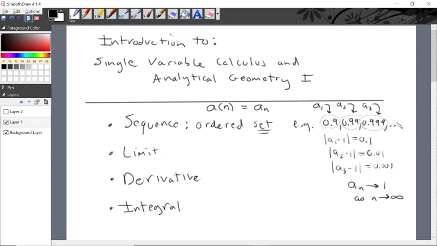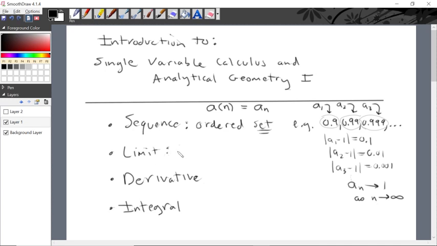We've set these up in a particular order, creating this sequence as an ordered set of values, and the difference between the output and 1 gets smaller as the input increases. That idea of getting closer and closer to some value by modifying the input is known as a limit.